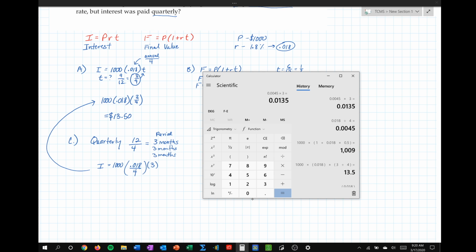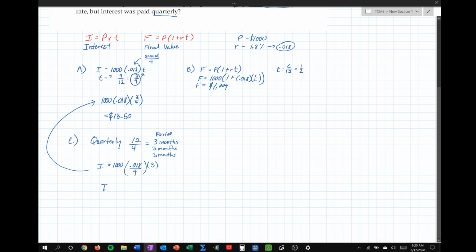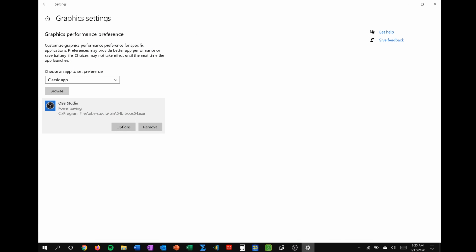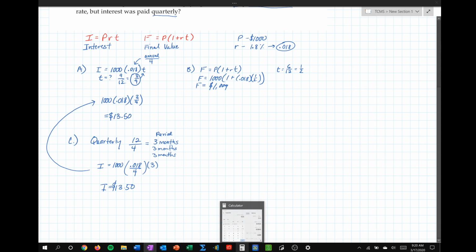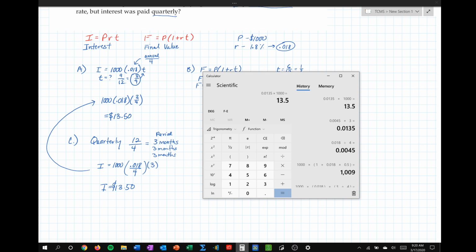And then I multiply that times my initial principal, which is $1,000. And notice how the interest still ends up being the same thing, which is $1,350. Whoa, sorry, wrong thing.